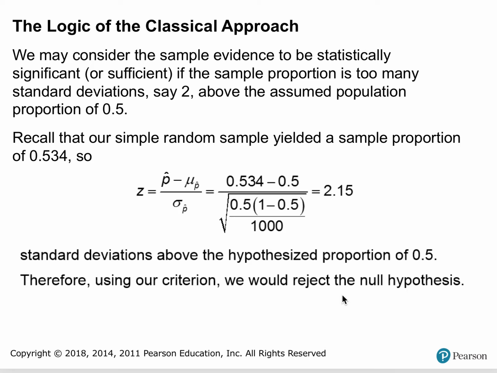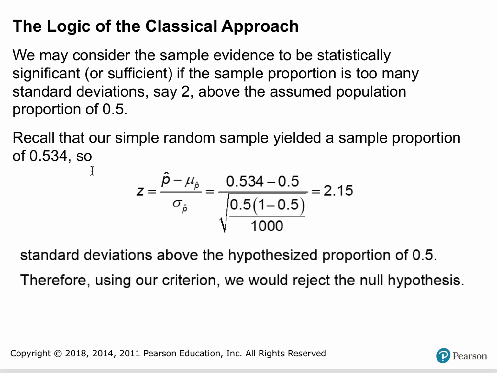Okay, so first let's start with the classical approach. We may consider the sample evidence to be statistically significant if the sample proportion is too many standard deviations, and let's just say 2, above the assumed population proportion of 0.5, right?